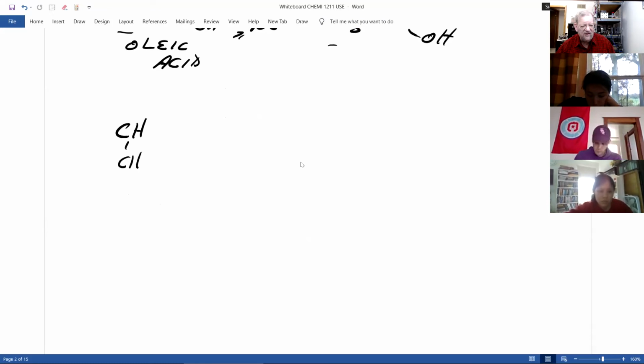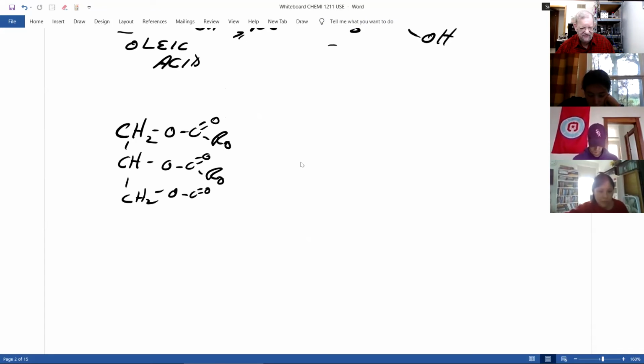Now, if you have a highly unsaturated oil, like vegetable oil, think of this structure. Most of the R groups are oleic. You'll have a little linoleic and linolenic, but not enough.